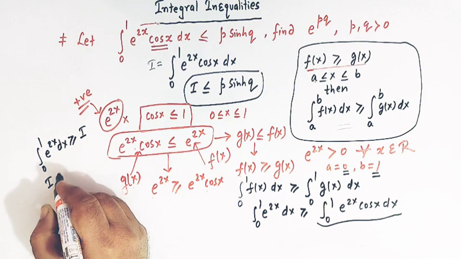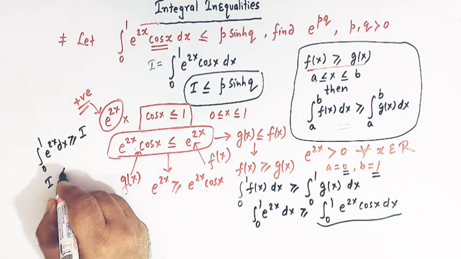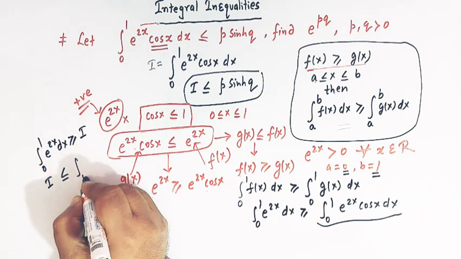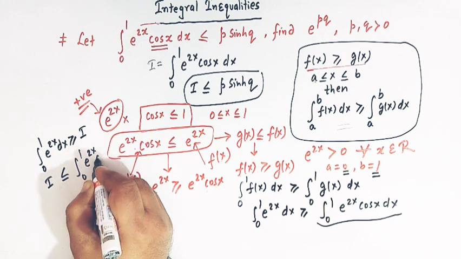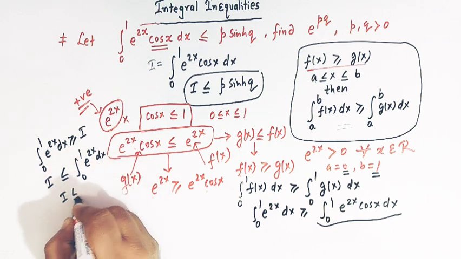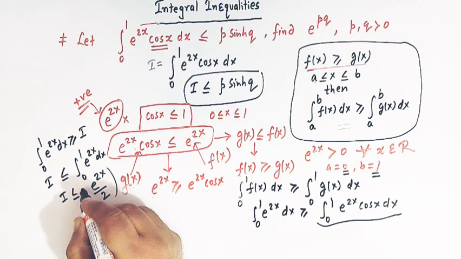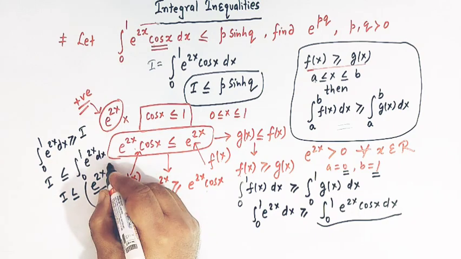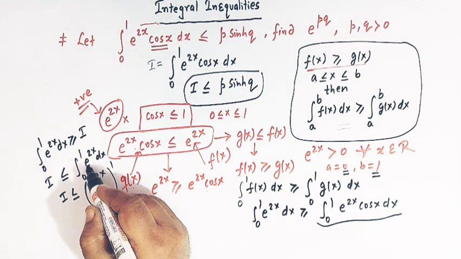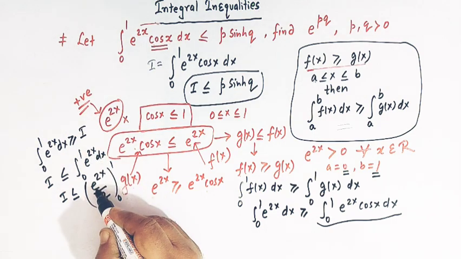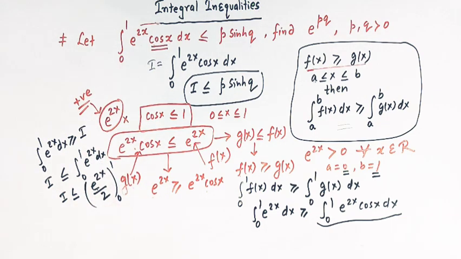So we can write now I is less than or equal to the integral from 0 to 1 of e raised to 2x dx. The integral of e raised to 2x is e raised to 2x divided by 2, with limits of integration from 0 to 1.